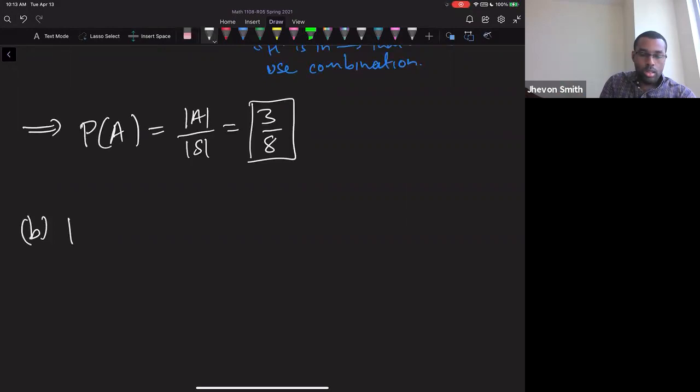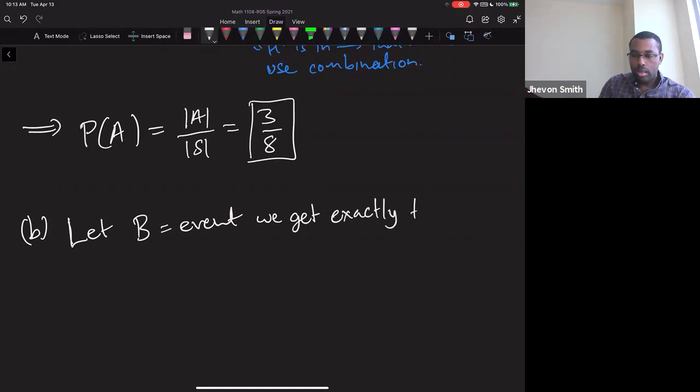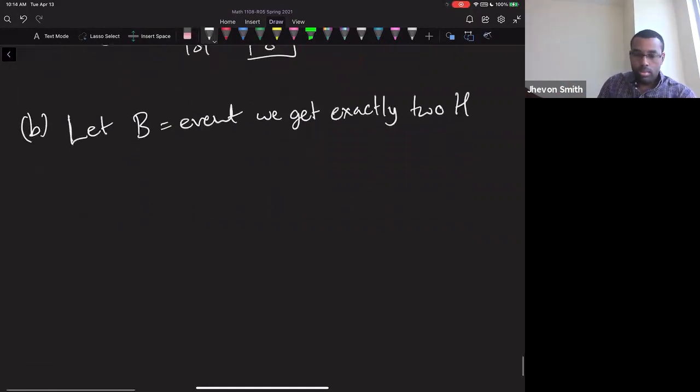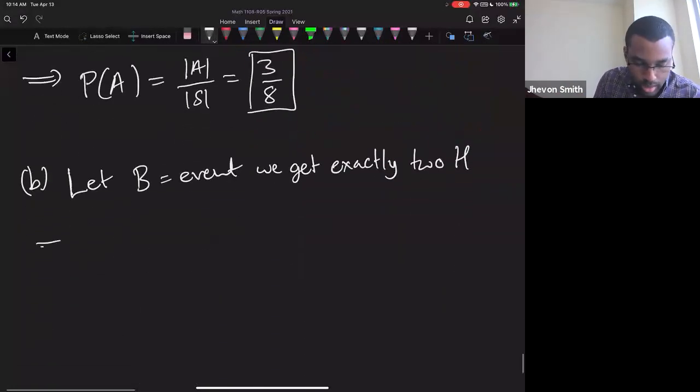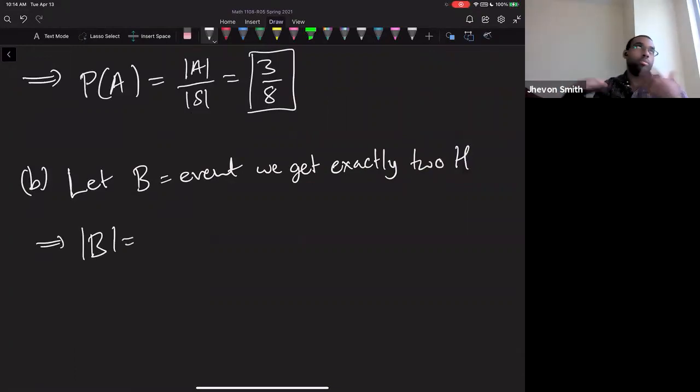let B be the event we get exactly 2 heads. Then you would notice that the size of B, well, now you have to think about it. I have 3 spots and I want to fill 2 of them with the H's. So I need to pick 2 spots for the H's. And I don't really care about the order. I don't care if it's the first and second or the first and third or the second and third or any of that.